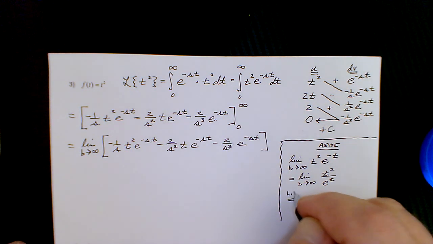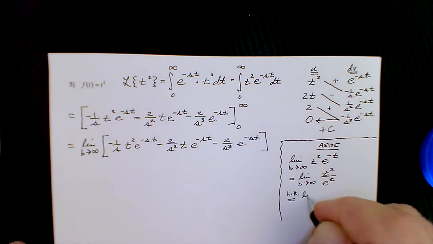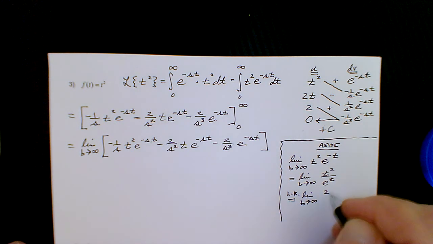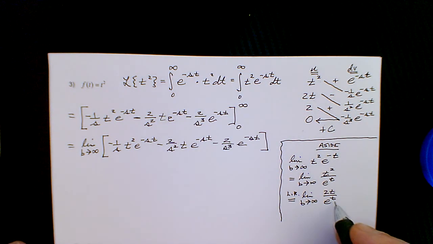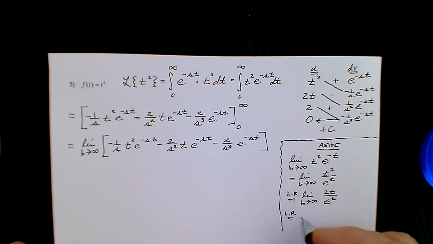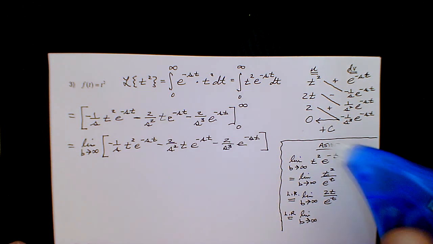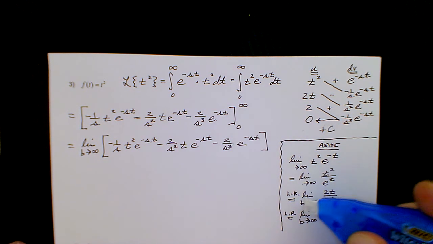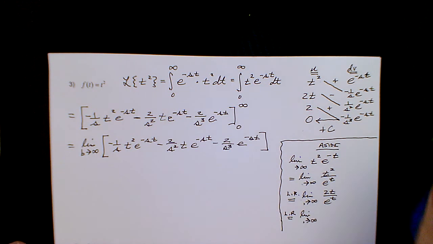And so by L'Hopital's rule, you get the limit as b goes to infinity of 2t over e to the t. But that's still infinity over infinity. So you'd use L'Hopital's rule again, and you'd have the limit as t goes to infinity. Okay, I'm changing this to a t, sorry, just for the sake of the argument.